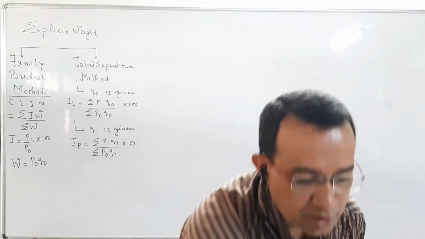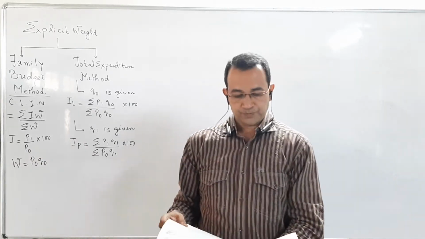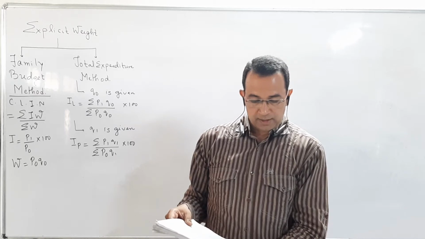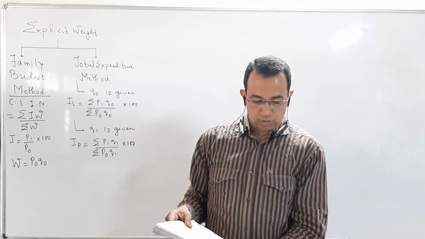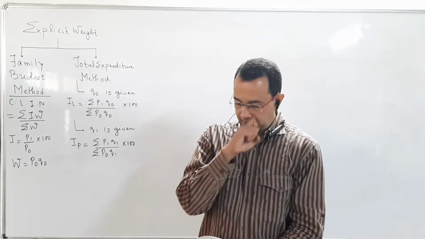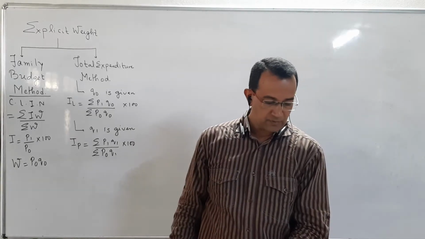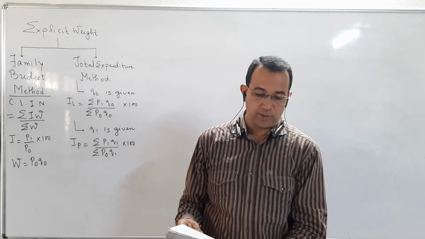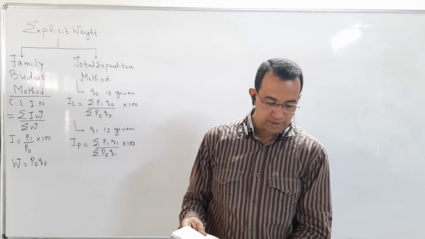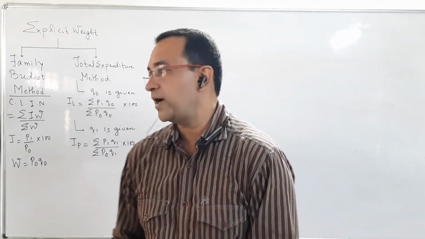Now let us complete today's exercise 1.4. We did question 1, question 2, and question 4 in the last lecture, students. Today we are going to complete exercise 1.4 by doing questions 3 and question 5.